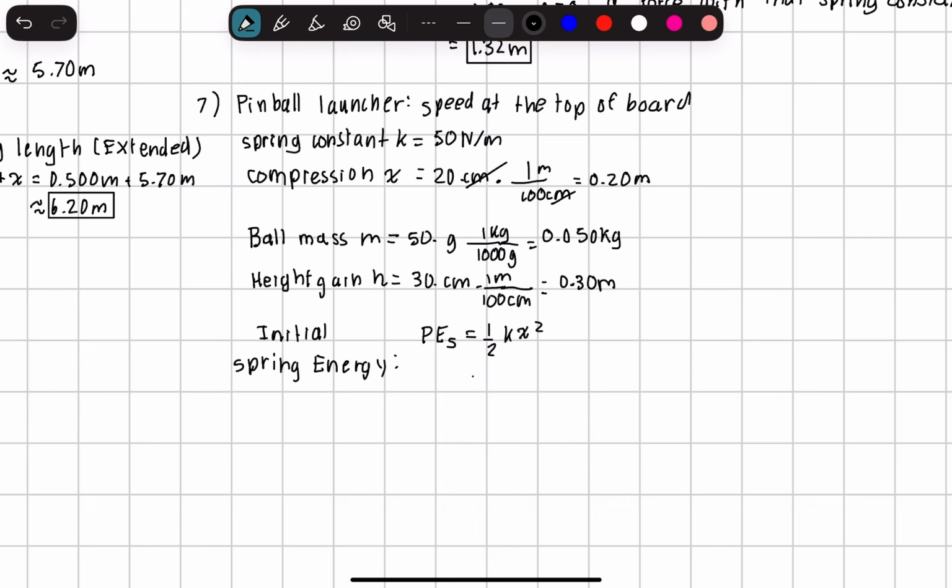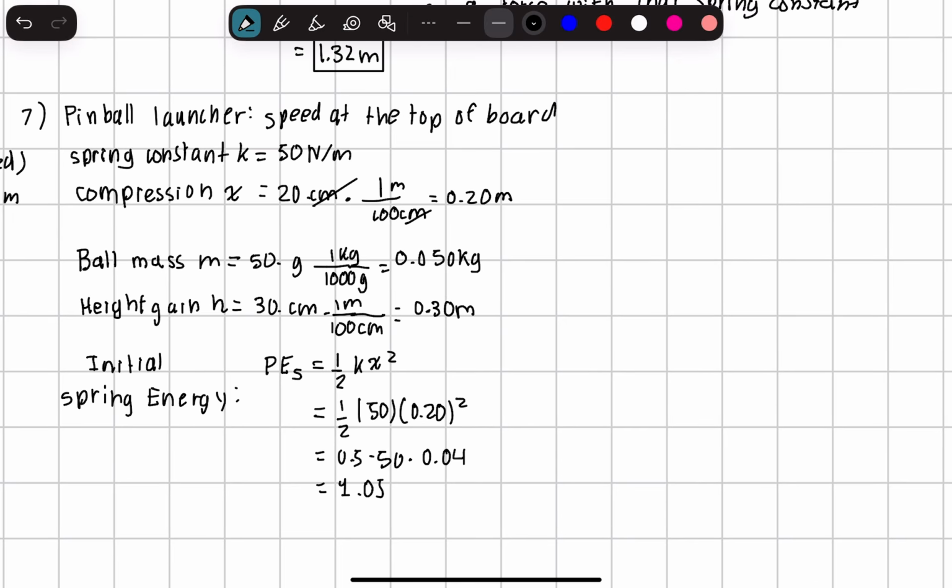And then plugging in our values, we have 1/2 times k, k is 50, times x, which is 0.20 squared. That's going to give you 0.5 times 50 times 0.04, which is 1.0 joules.